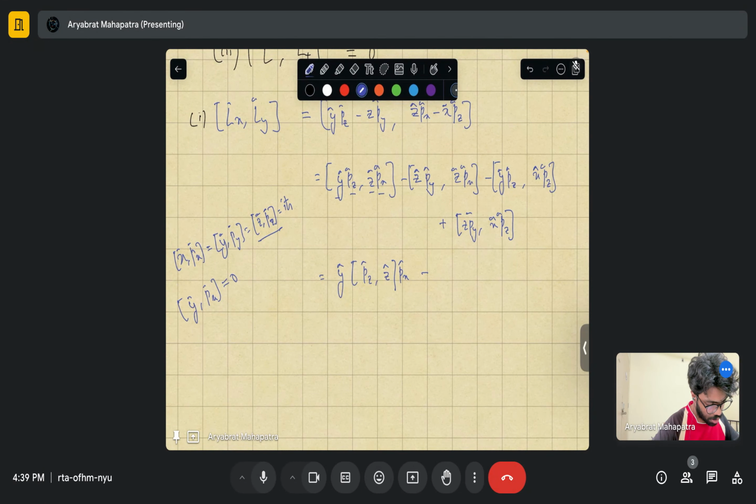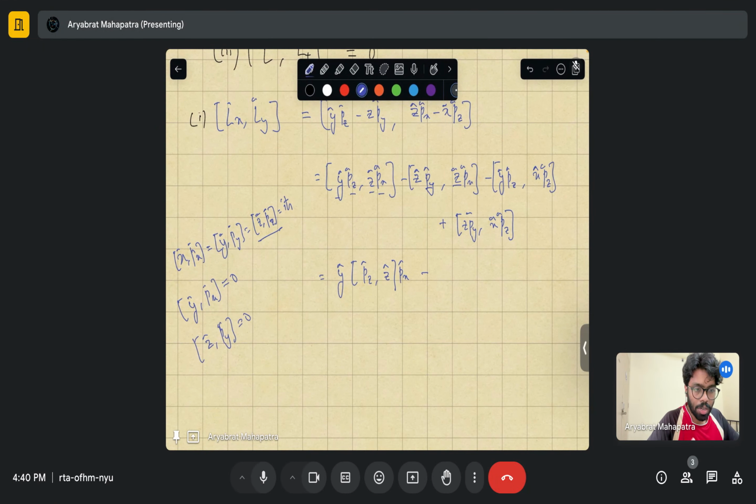In this part you would see that you have py and z. Py and z commute with each other, just like I said y and px commute with each other. In the same way z and py also commute with each other.